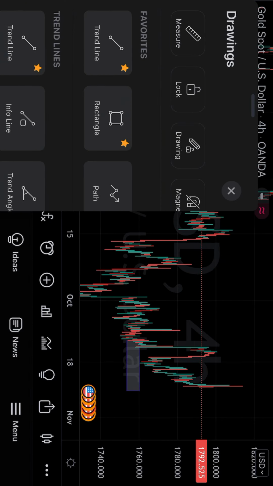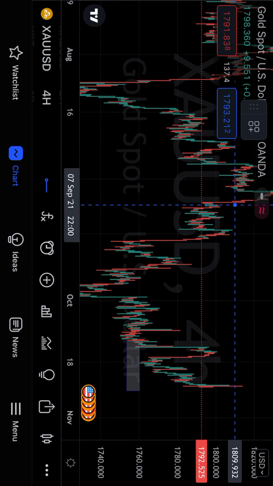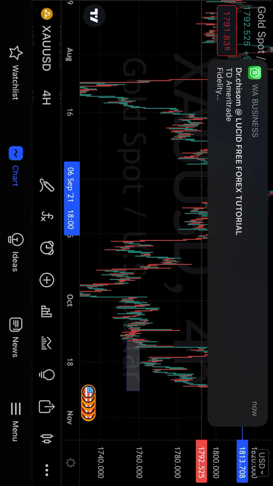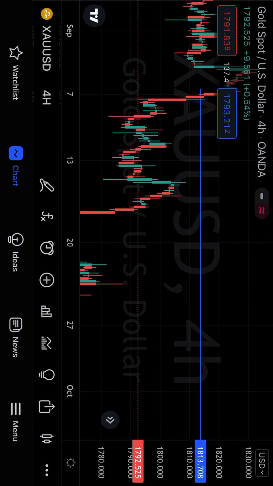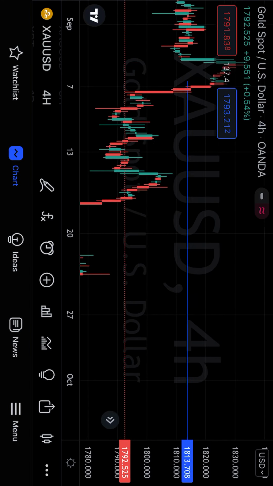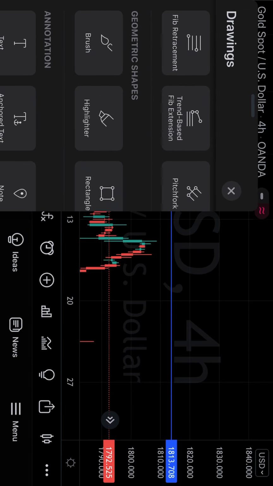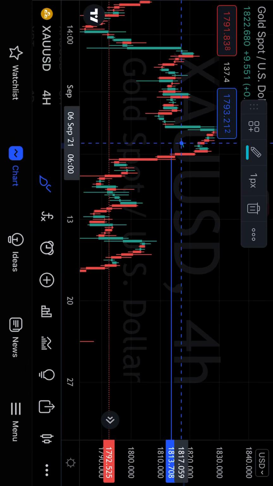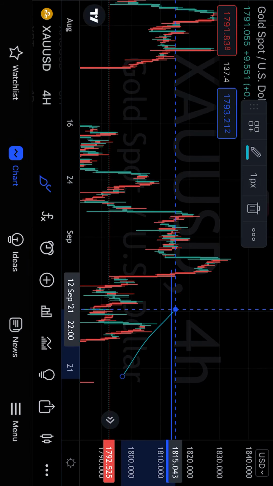Why? Okay, as you can see, market came to test this efficiency right here. So it tapped into the efficiency and dropped.